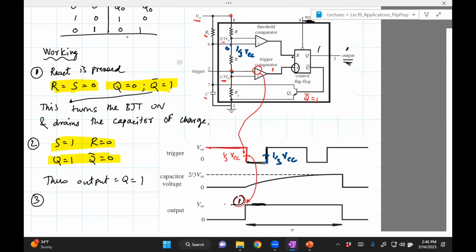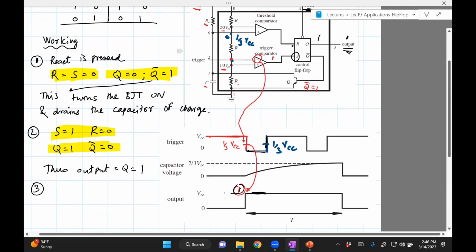And that actually causes the other comparator to trigger. That's right, so it goes to 2/3 VCC. So when it goes to 2/3 VCC, that triggers the other comparator. And now this one goes to 1.